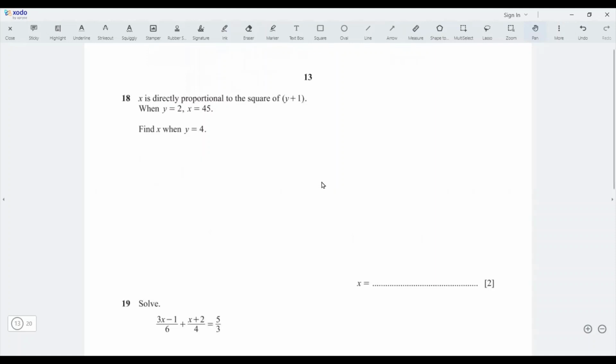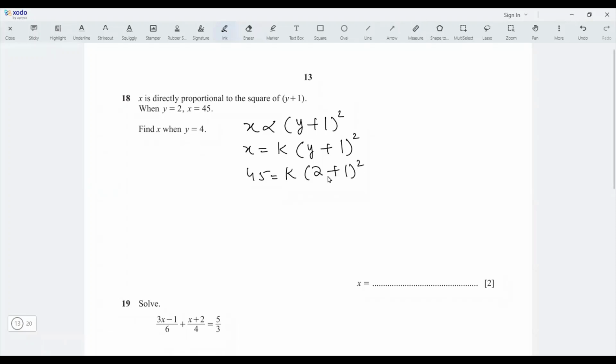For the next part, it's basically a variation question. So x is directly proportional to the square of y plus 1. So what we need to do, open this, changing the sign and putting a k: x equals k times y plus 1 whole squared. Now replacing the value of y with 2 and x with 45, we get k times 2 plus 1 whole squared.